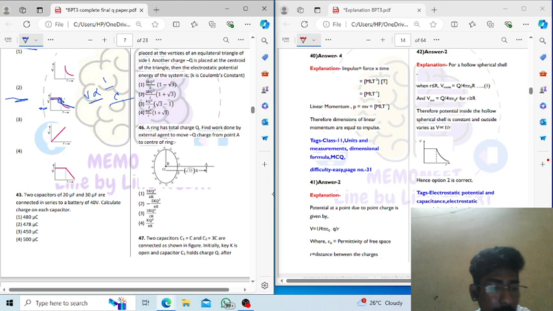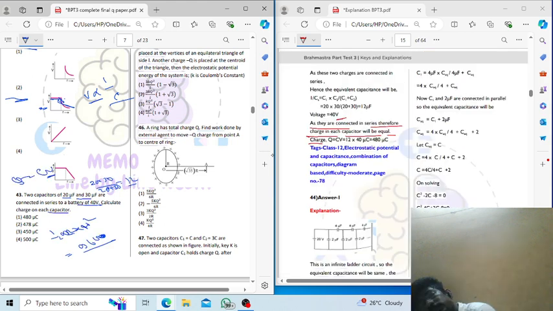Charge is given by the formula Q equals C into V. As they are connected in series, we already discussed that the charge flowing through them will be equal. So C we already got, not 50, it is 12, and V is 40. Therefore Q will be equal to CV. C is 12 and V is 40, so it will become 480. Option number 1 is the correct one.